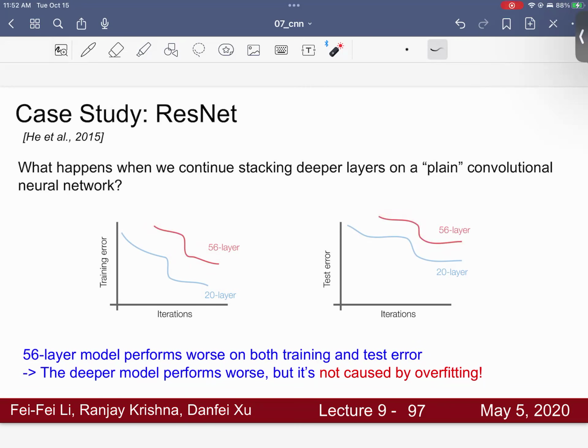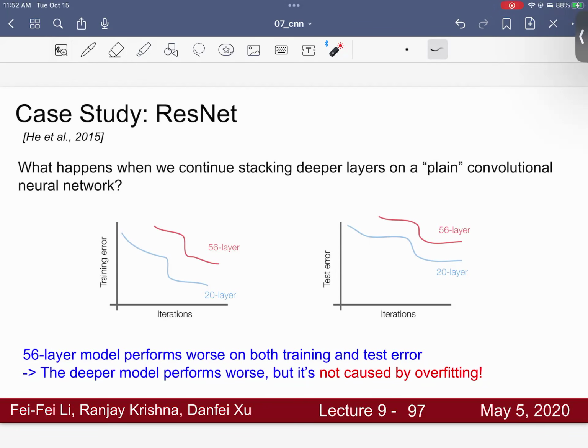So it's not an overfitting problem. That's what the authors of ResNet thought. If it's overfitting, then your training error would be lower, but your testing error would be higher. Overfitting is when you use too large a model, too expressive a model, you can overfit to your training samples and perform poorly on testing samples, right?